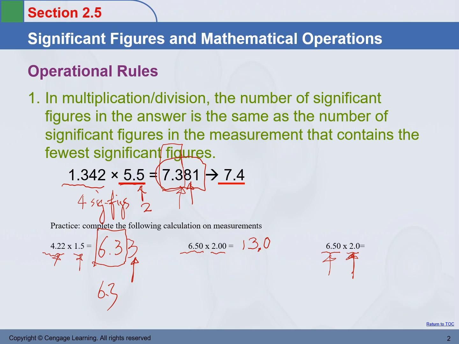You punch these numbers into your calculator, you get 13. 13 has 2 sig figs, that's the number you're going to report. Okay, hopefully these two practices help you understand these rules a little more.